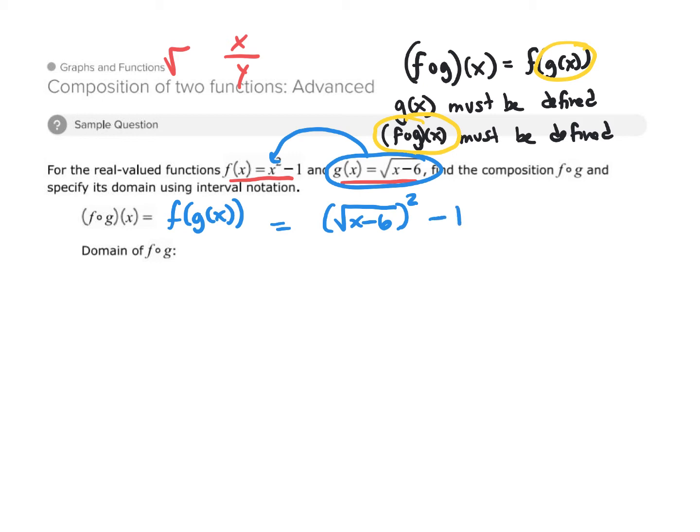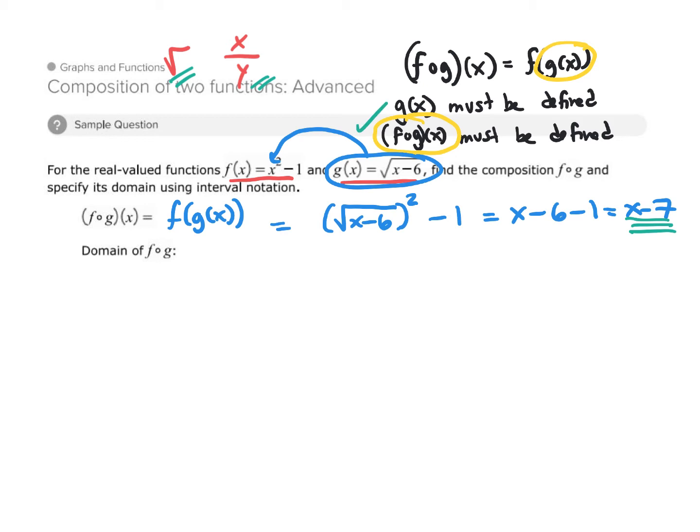Now the square and the square root will cancel out, leaving me with just x minus 6 minus the 1, which is x minus 7. So when I look at this final result, it's somewhat misleading because x minus 7 is just a line. There's no square roots, there's no fractions, there's nothing to worry about at all. So the f composed with g part is fine. It's defined for all x.